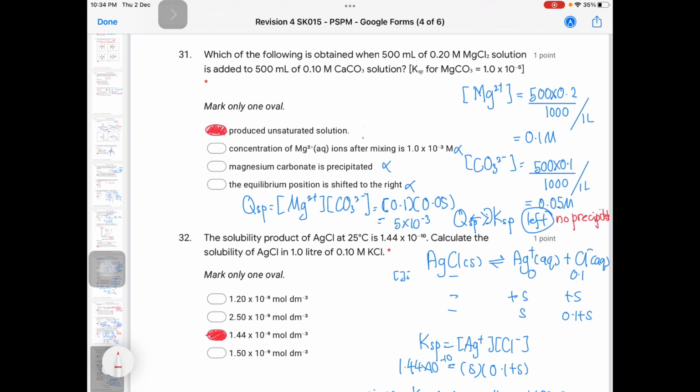Magnesium carbonate, Ksp is 1 exponent negative 5. This time we will also compare Q and K. First we need to calculate the concentration of Mg. MV over 1000 gives the number of moles, and then we divide by the new volume. The new volume is 500 plus 500, becoming 1 liter, so we get 0.1 molar.